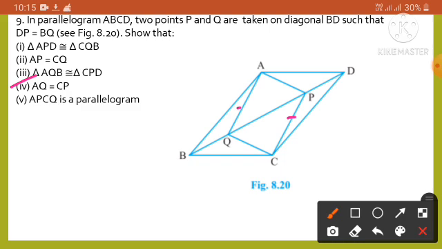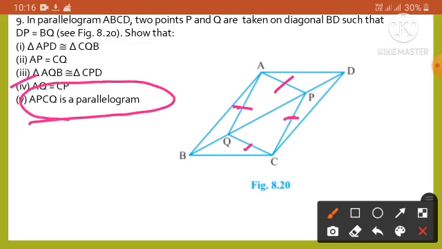And the next part is in a quadrilateral, opposite sides are equal, already proved. AP is equal to CQ, already proved, and AQ is equal to CP, already proved. So in this quadrilateral APCQ opposite sides are equal. So we can say easily that APCQ is a parallelogram.